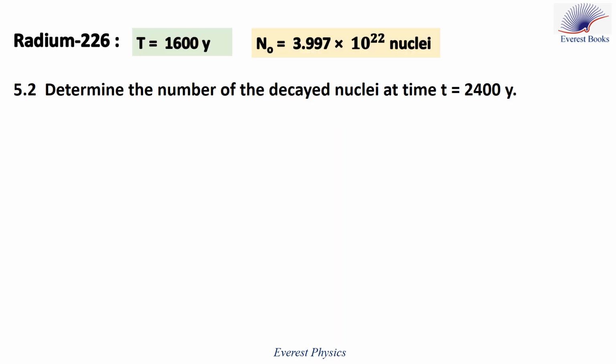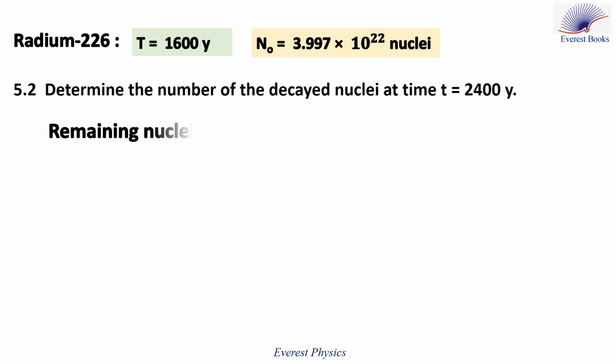Now we are going to determine the number of the decayed nuclei at time 2400 years. Now we have two steps. In the first step, we need to calculate the number of the remaining nuclei at this time, and then we will calculate the number of the decayed nuclei.